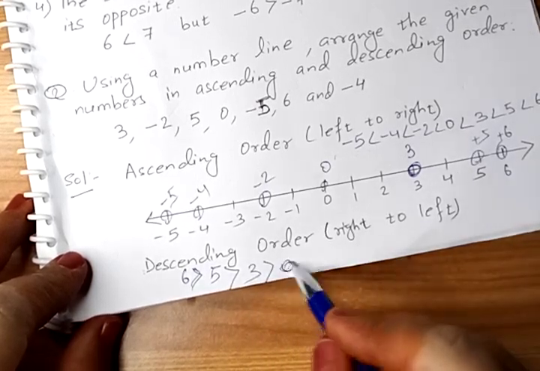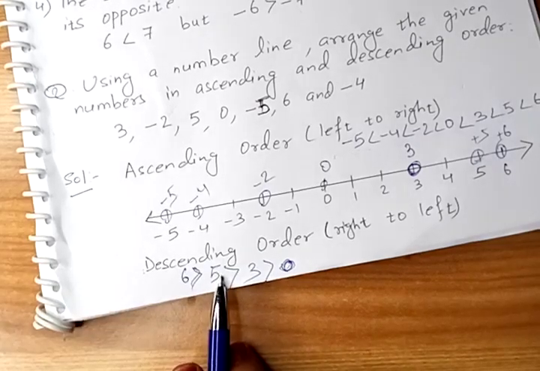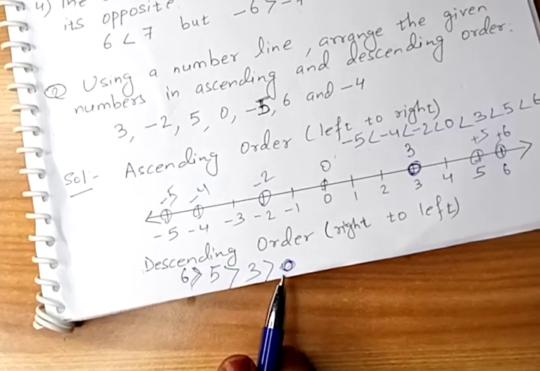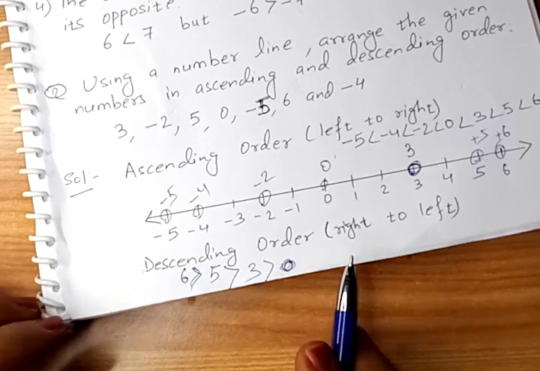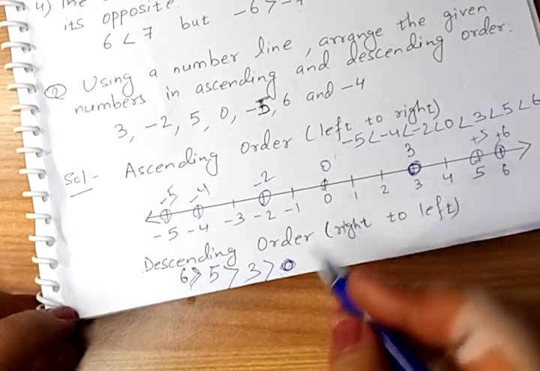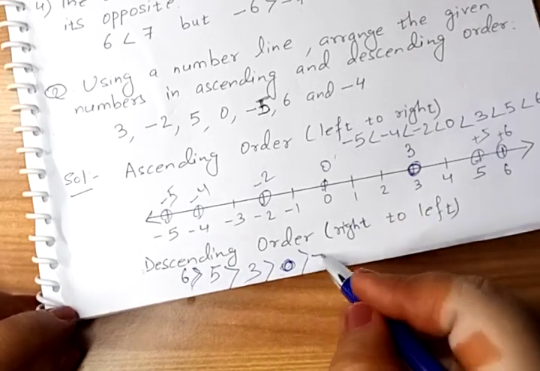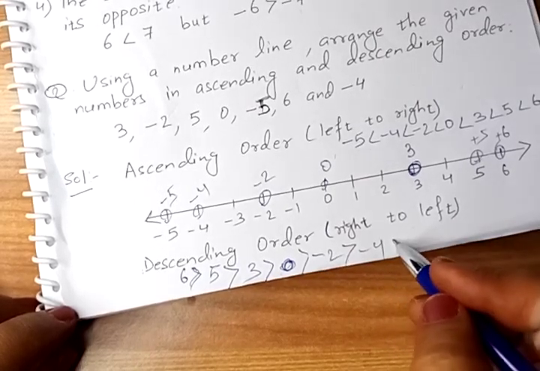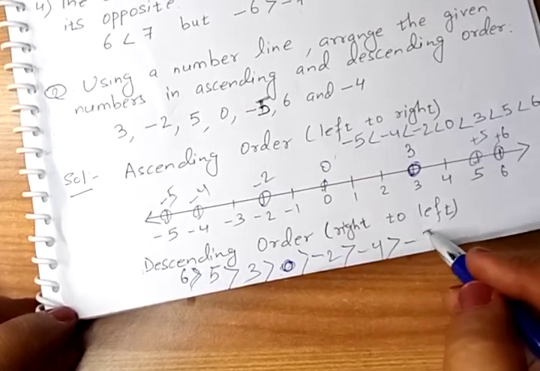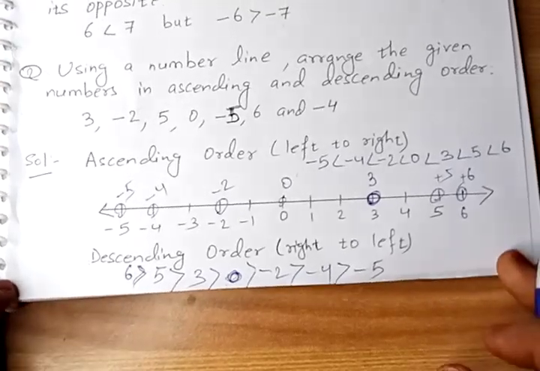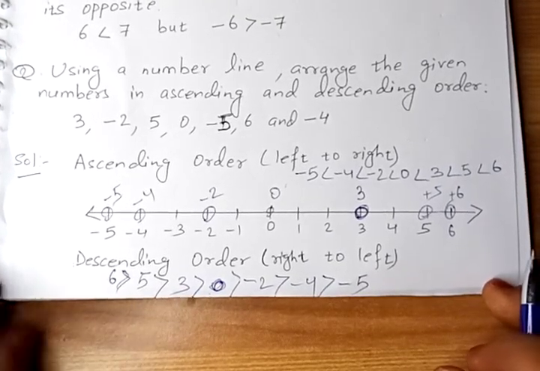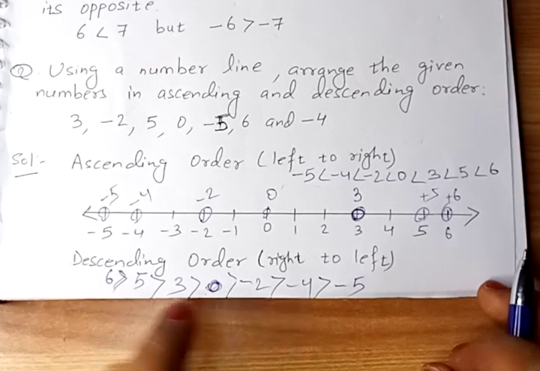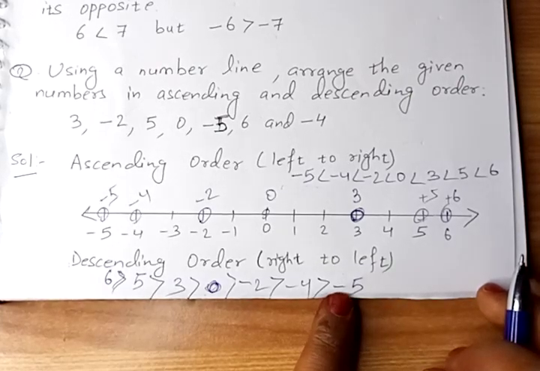You see children, positive numbers are greater than 0, and positive numbers are greater than negative numbers. Then 0 is greater than -2, -2 is greater than -4, -4 is greater than -5. These are the numbers in descending order, big to small. The greatest number is 6 and the smallest number is -5.